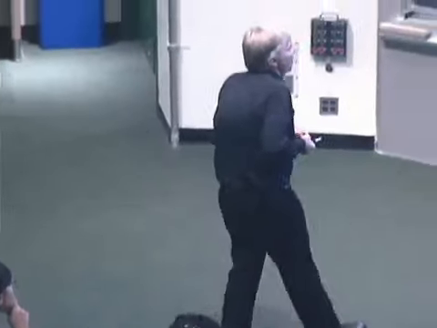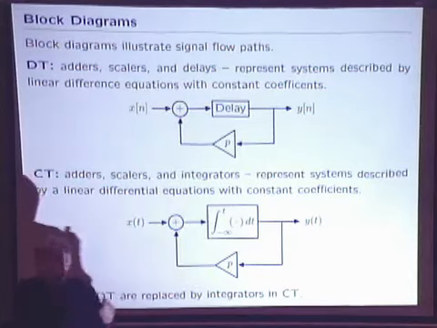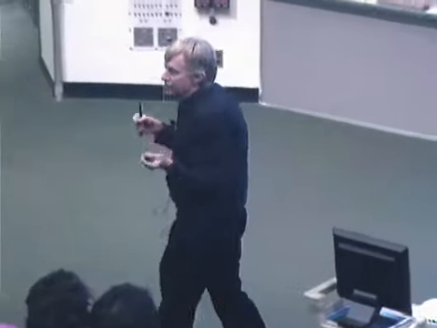And so the blocks will not be built out of delays, but will instead be built out of integrators. Apart from that, the block diagram structure looks extremely similar. And we'll be able to apply the same idea that we did in DT to simplify the representation of the block diagram by thinking in terms of operators.